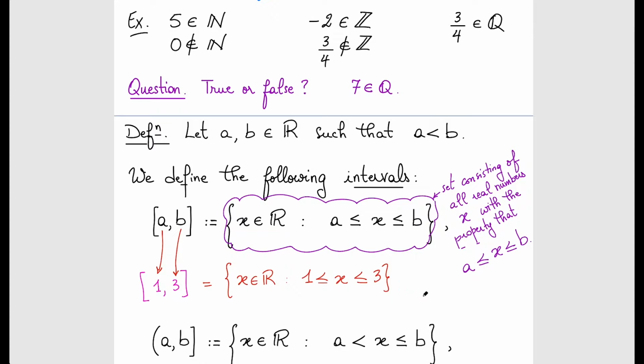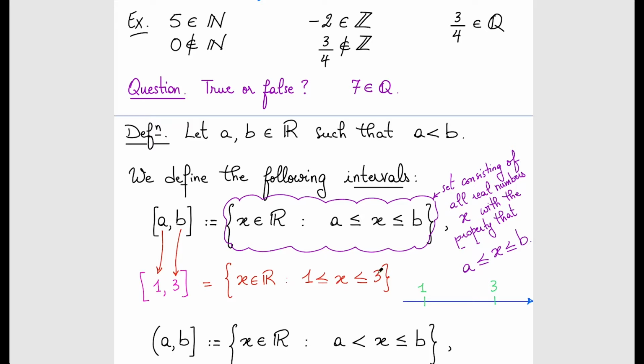So pictorially, how does it look? If this is the number line, and this is 1 and this is 3, what's the set? It contains all real numbers that are between 1 and 3.